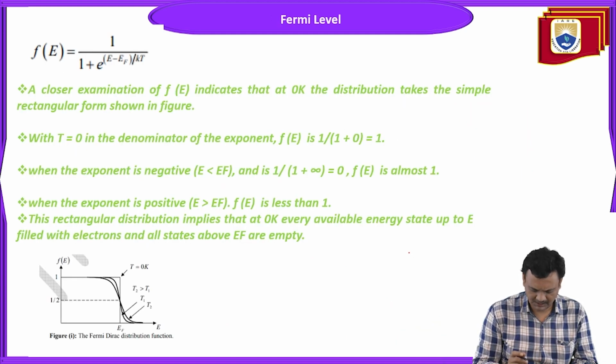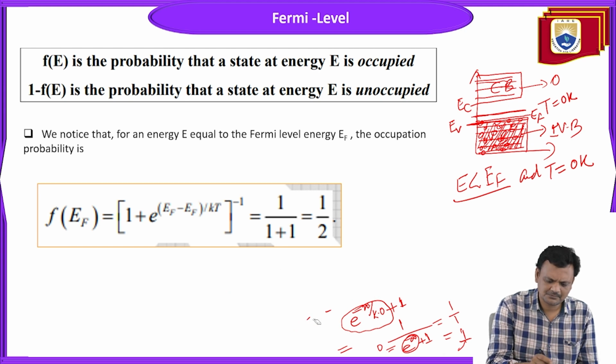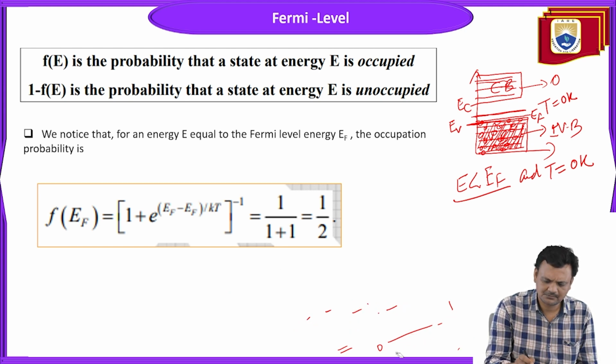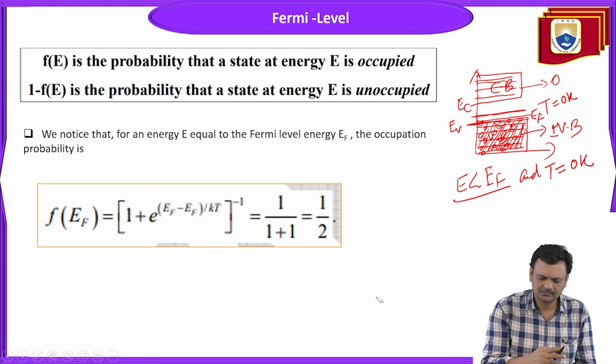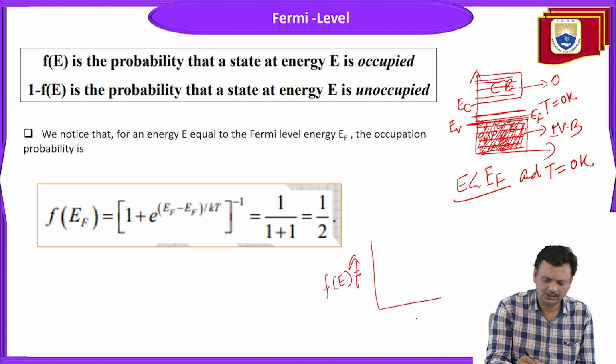So you can plot this f(E). Its value will be 1 for the energy values where E is less than EF.